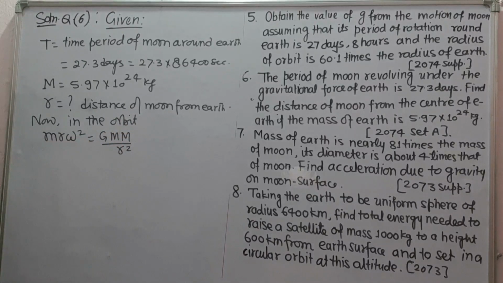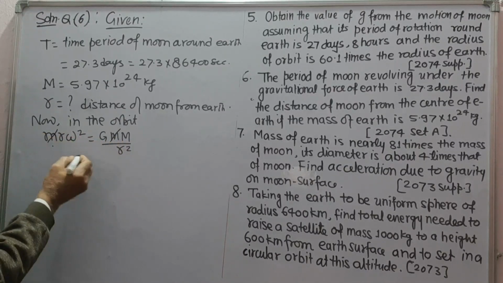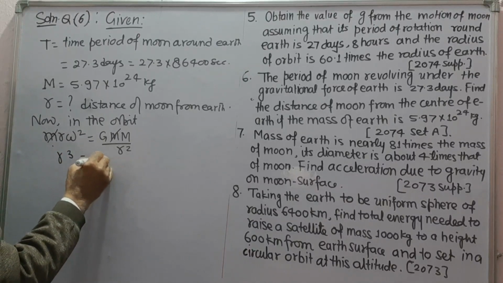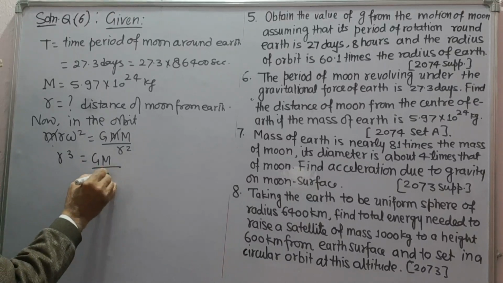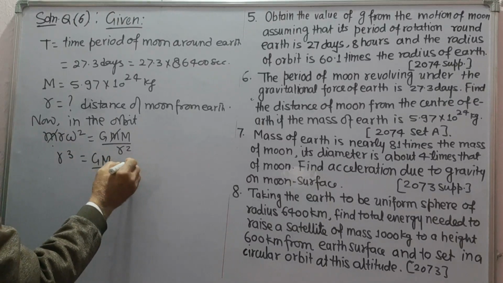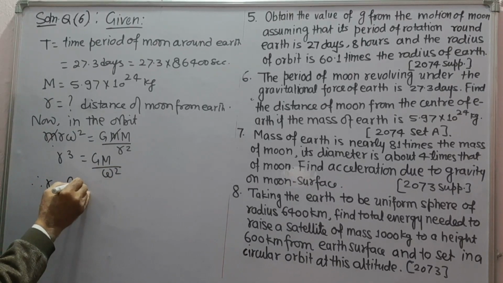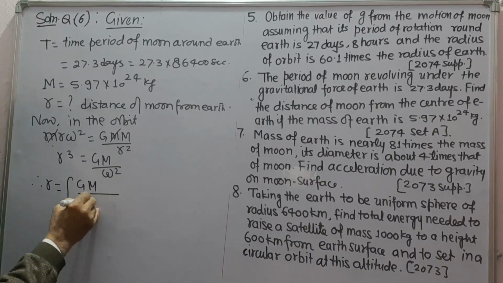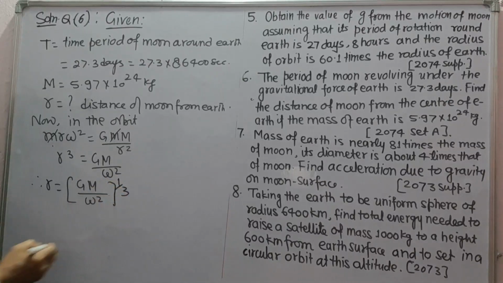Centripetal force is equal to gravitational force, small m cancels out and we get r cube is equal to GM upon omega square. GM upon omega square will be r cube. Therefore, r will be equal to GM upon omega square power 1 by 3.